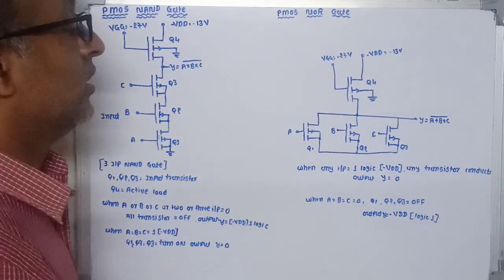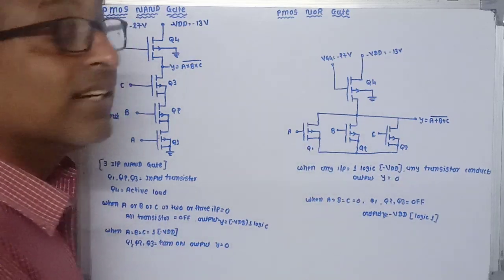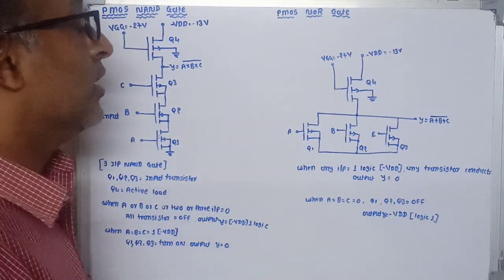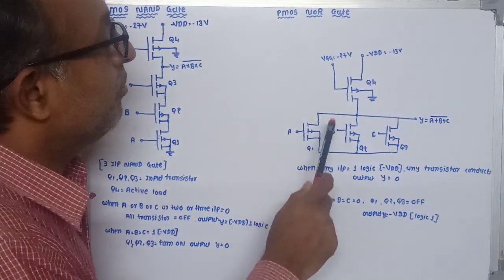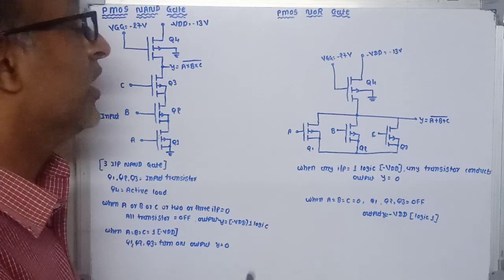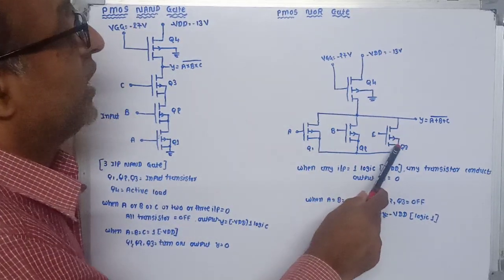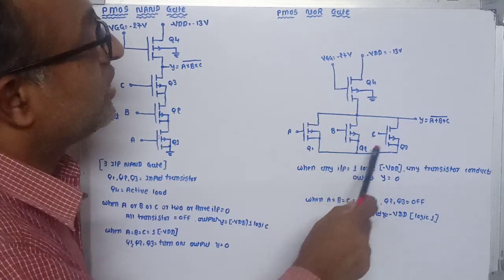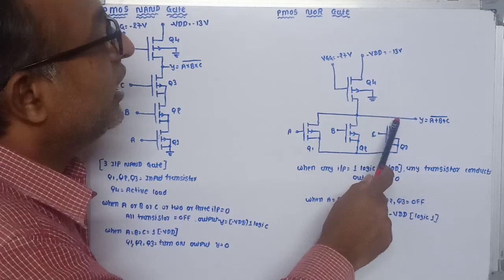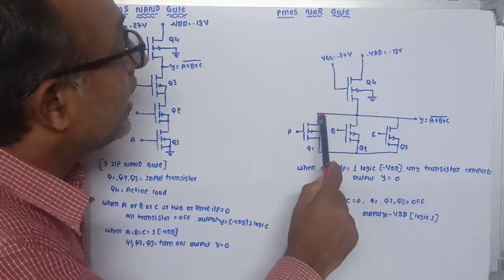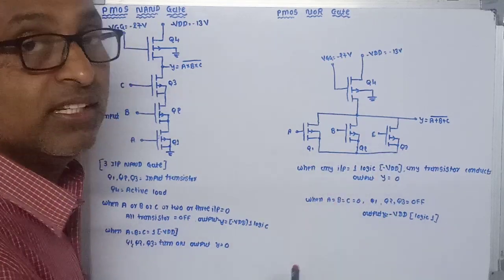In this type of circuit, the 3 transistors Q1, Q2 and Q3 are connected in parallel, and inputs A, B and C are connected to the gate terminals of transistors Q1, Q2 and Q3 respectively. Now the output is taken from the drain terminals of transistors Q1, Q2 and Q3.